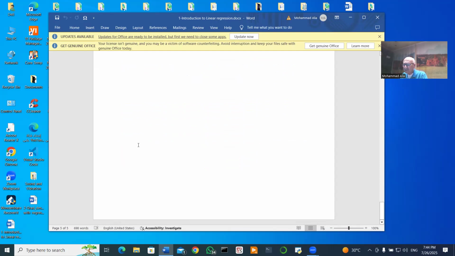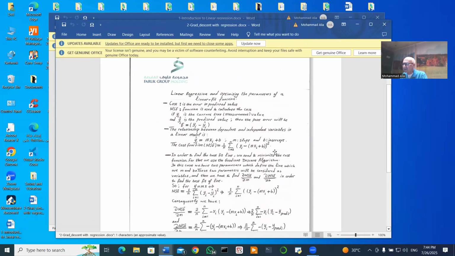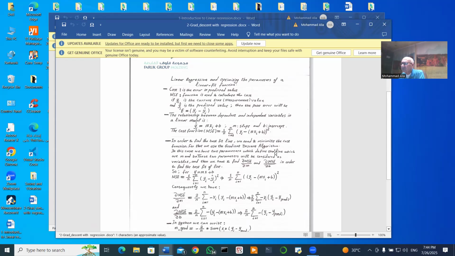Having this in mind, now we can develop our information in this aspect. We are working with linear regression, and we want to find the best fit. But the best fit here is tied with the concept of finding the sum of squared errors, and this sum of squared errors must be minimum.